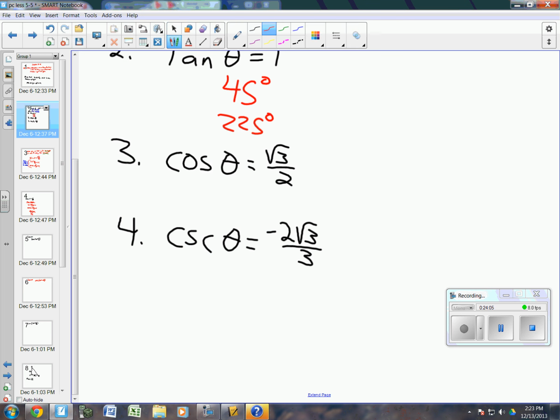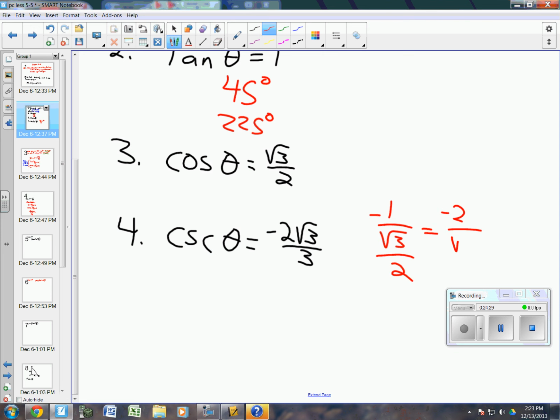Well, if we go to 240 degrees, cosecant is defined to be 1 over the sine, so it would be 1 over negative root 3 over 2. If I invert and multiply, I get negative 2 over root 3, which I have to rationalize by multiplying the top and bottom by root 3. Negative 2 root 3 over 3. That does give me the right answer.